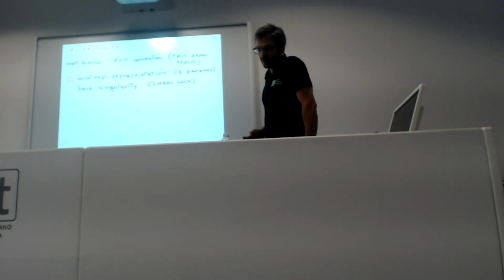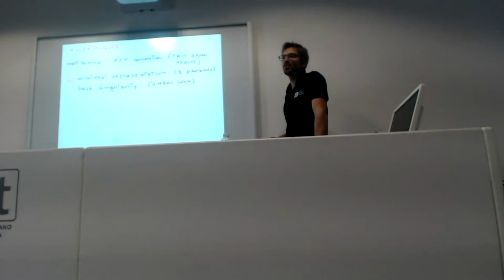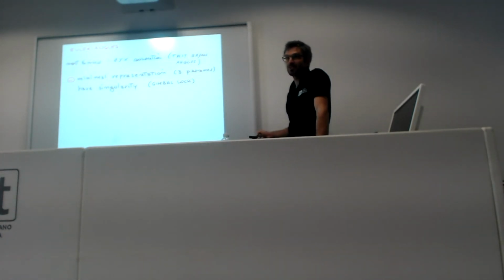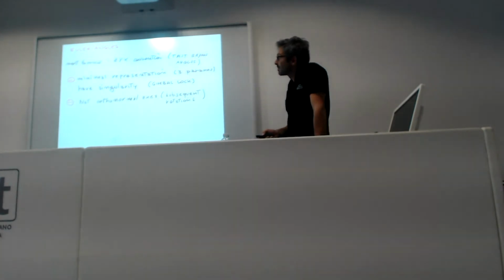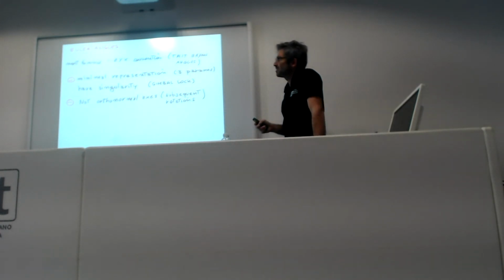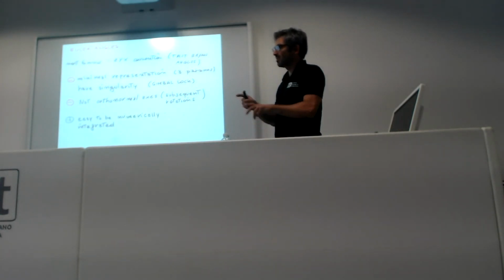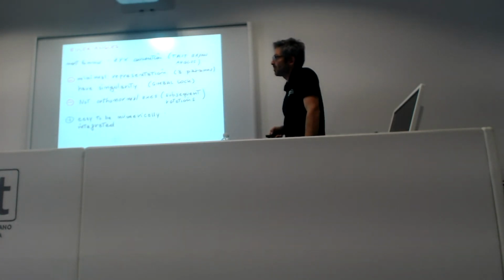The shortcoming of Euler angles is that they are a minimal representation because they are only 3, and so they have singularity. We will see that the singularity is called gimbal lock. The other problem is that they are defined in a space that is not orthonormal. Because there are subsequent rotations, the axes are not perpendicular.